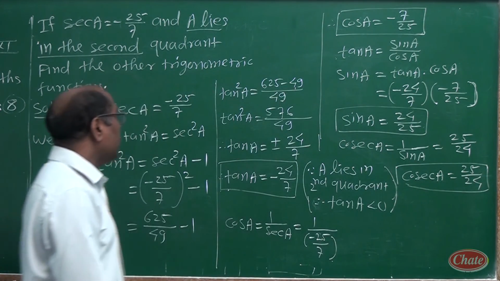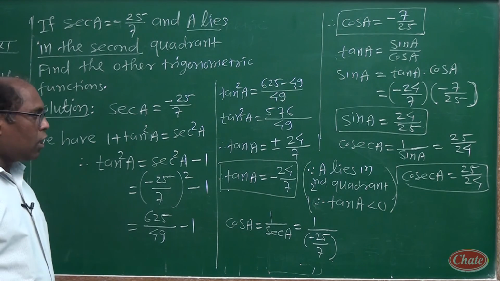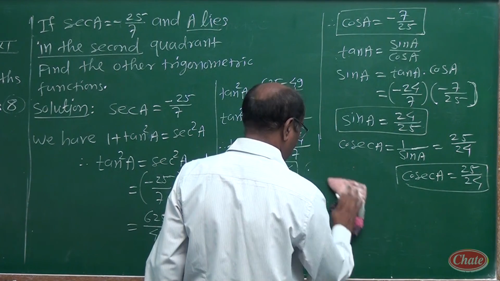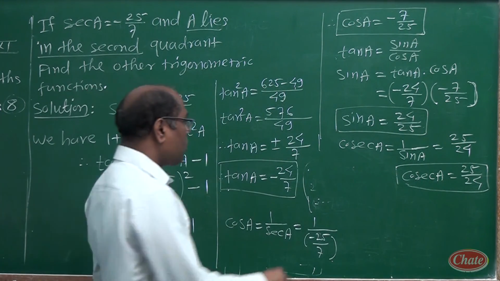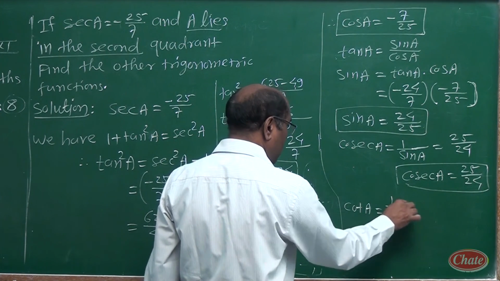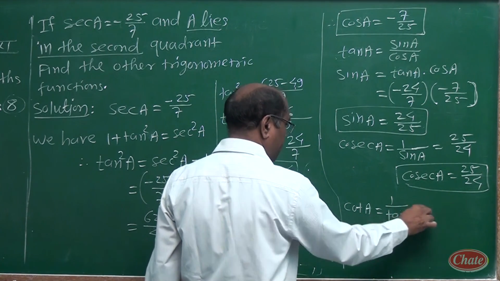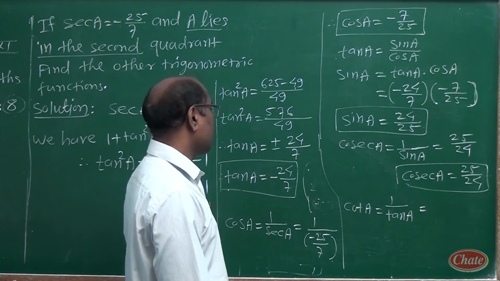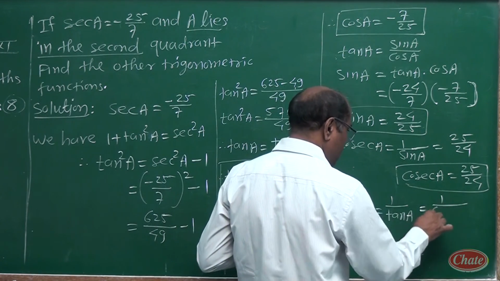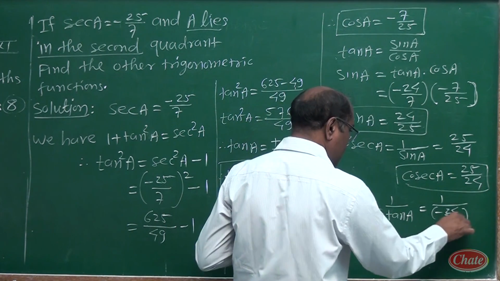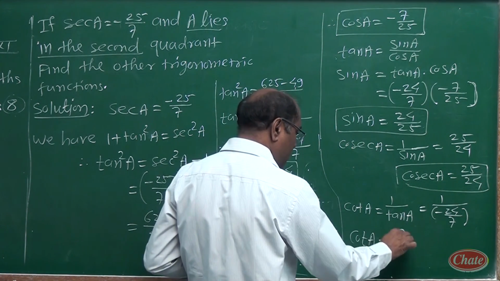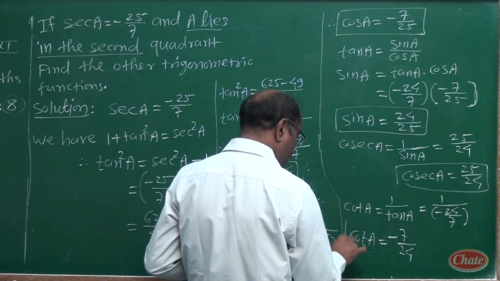Now cot A is equal to 1 upon tan A. The value of tan A is minus 24 by 7, so that is 1 upon minus 24 by 7, and therefore cot A is equal to minus 7 upon 24.